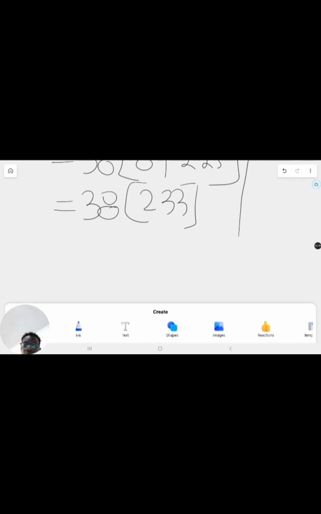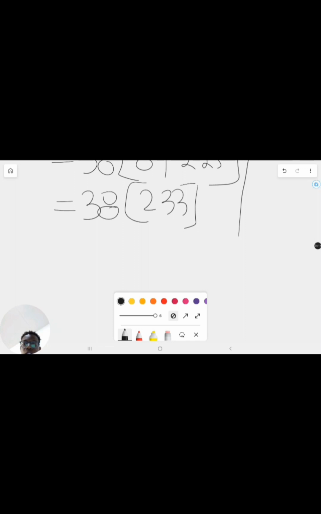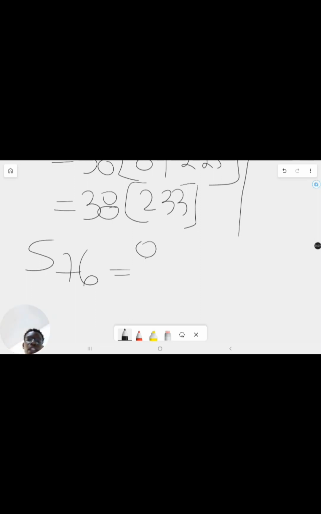Okay, that's 8854. So this is S76. The sum of the first 76 terms of this series is 8,854. And this is S76.